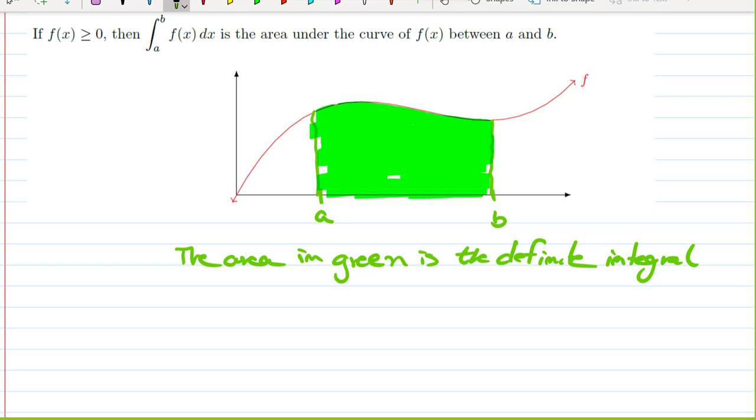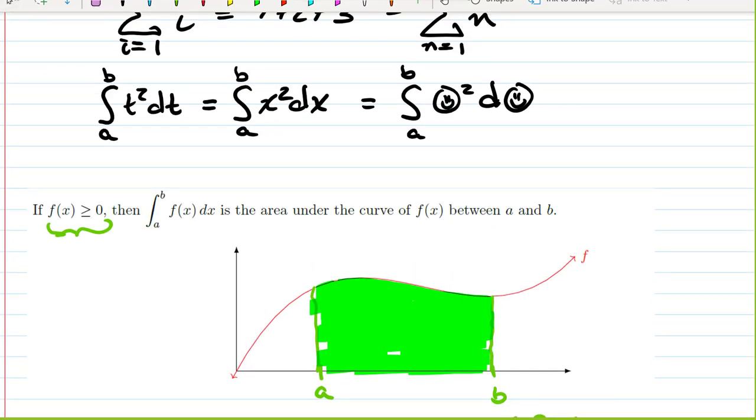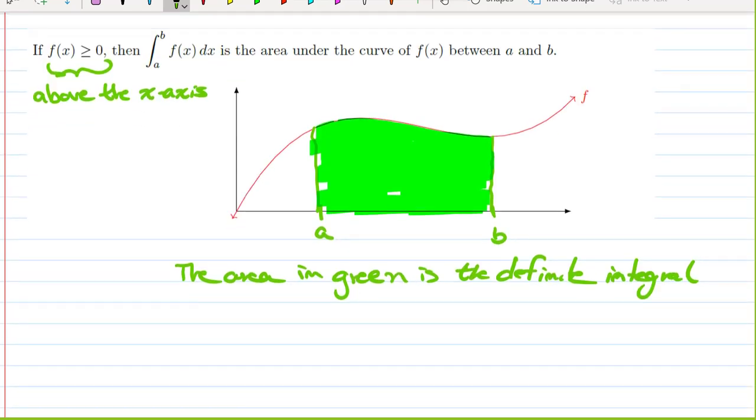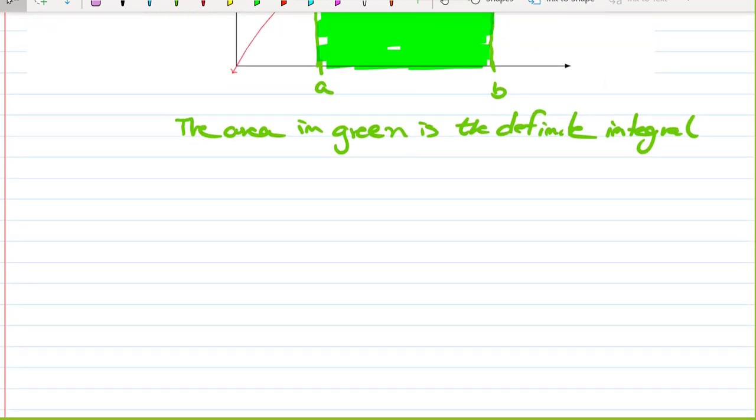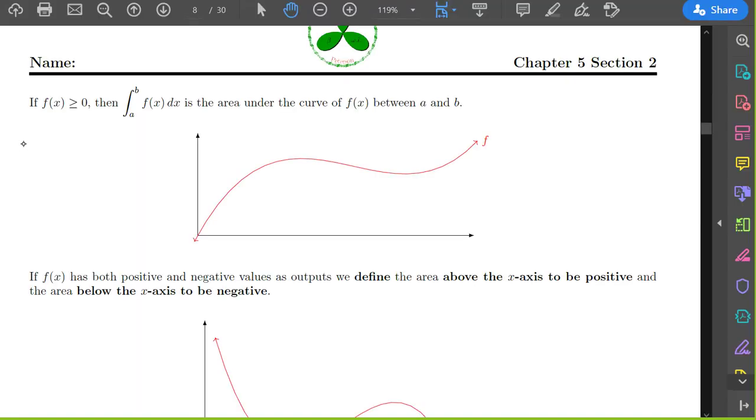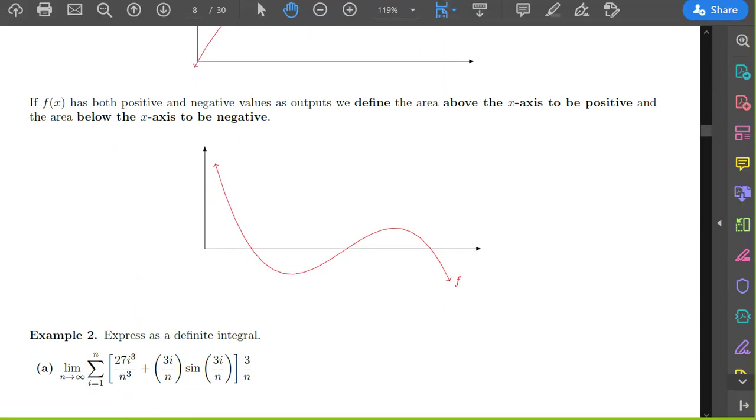So when f is a positive function, that means when it's above the x-axis, the integral is the area underneath the curve. So now this begs the question then, well, what happens if our function isn't always non-negative?